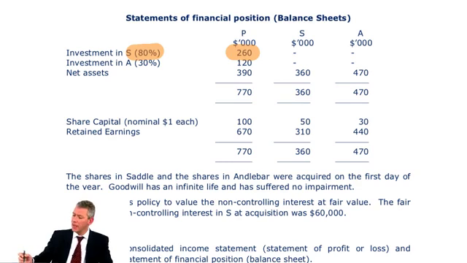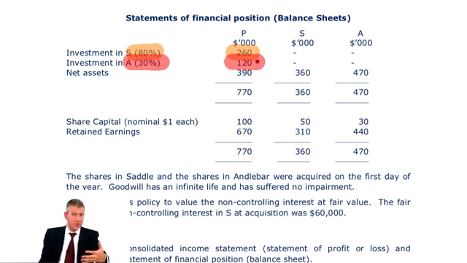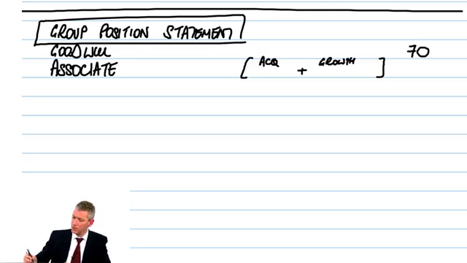That's a fact. And it's the same kind of factual thinking that we have about the red here. That figure of 120 froze at acquisition. So it's true, it is 12 months old and isn't what the 30% is worth now, but it's a good start point. And that's the way the IFRS works. It says, come on, start with the 120 and see what you can make of it from there.